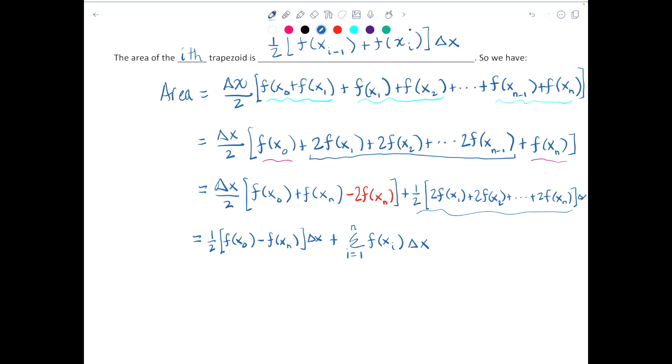And then we're going to leave that other one alone. We're going to rewrite this one as 1/2. We know f of x0 is the same as f at a minus f at xn is f at b.